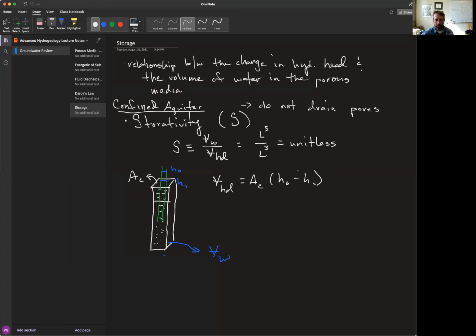All right. And the storativity is the relationship between the volume of water I release and how much volume of head drop I have. So it's this dimensionless ratio that relates this volume of water that's drained to the volume of head drop.